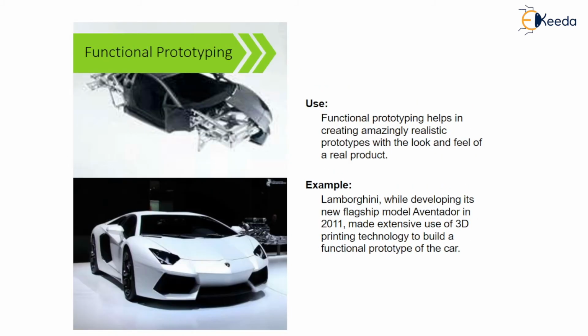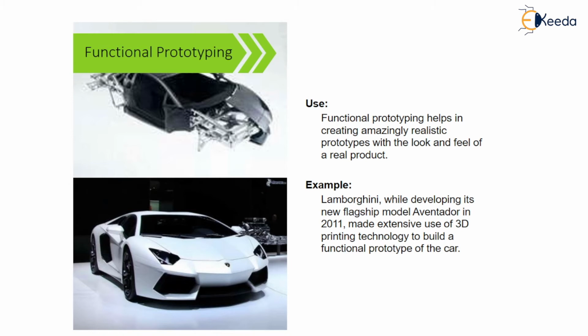That is functional prototyping. Functional prototyping is a very important part of our mechanical industries, so we are using functional prototyping models directly in the application of a particular model, or directly taking the test on that model.